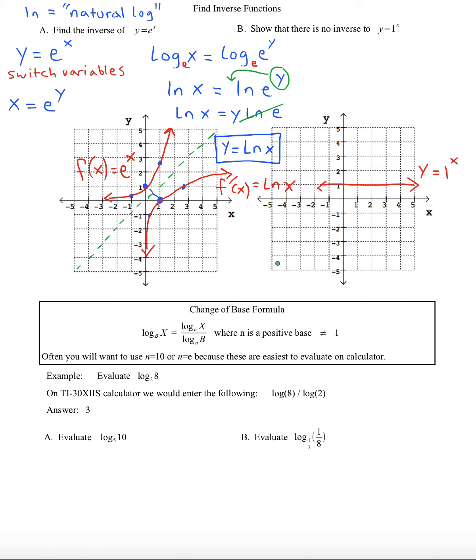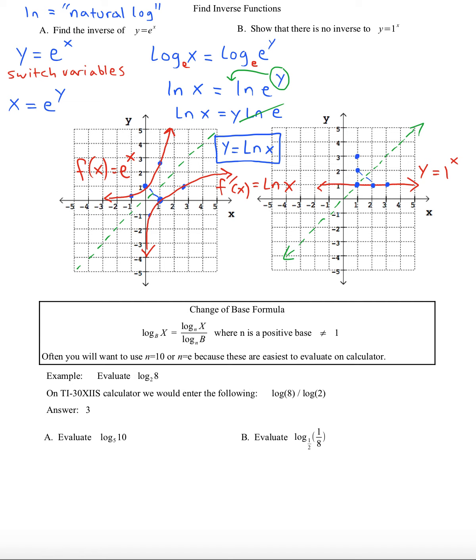Now graphically, I can show that there's no inverse to this function. How do I do it? I have to reflect the points. This point's actually on the mirror line itself, so it won't move. But this point with the coordinates 2, 1, that needs to reflect to a point 1, 2. And then the point 3, 1 needs to go to 1, 3.